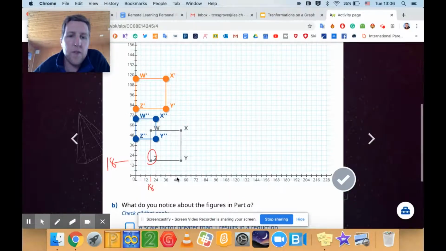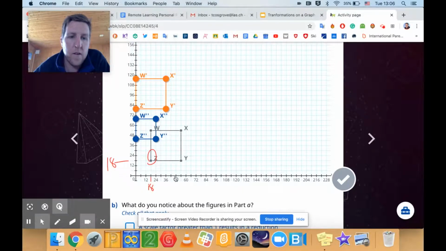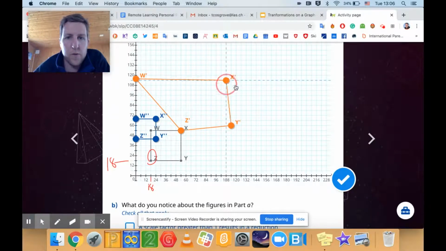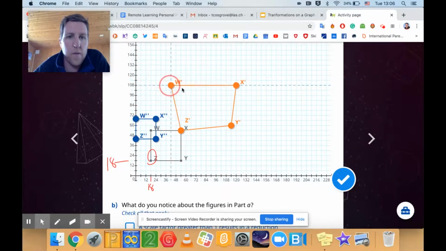So 54 on this one is here between 48 and 60. Okay, so we're going to have our first coordinate over here at 54. Okay, this isn't where these other ones are going. I'm just moving them over for now.